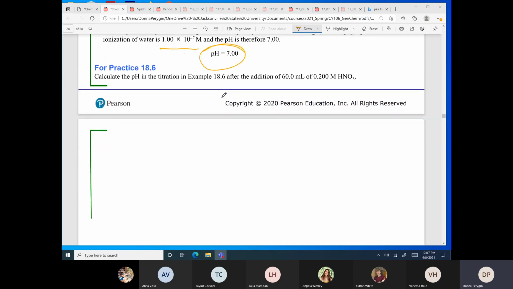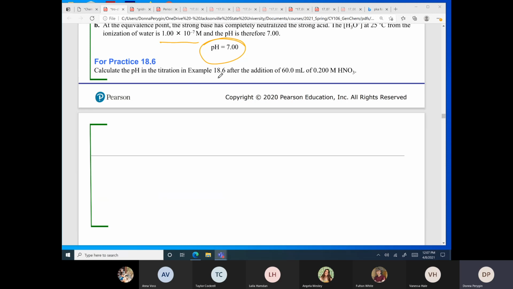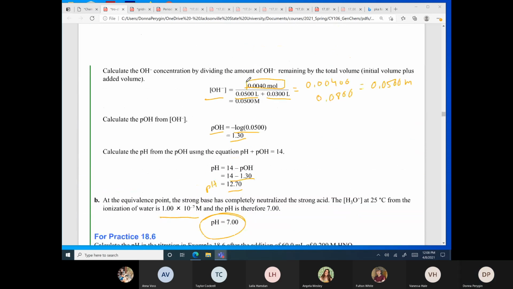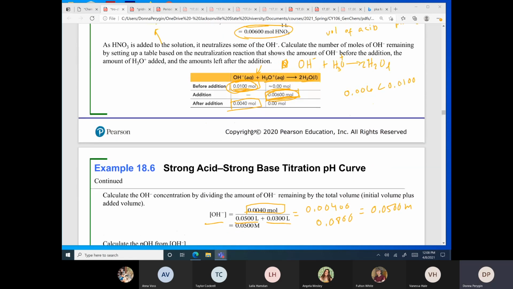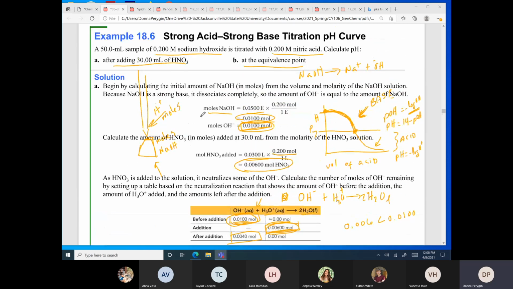Okay, so I'm going to move on to calculate the pH in a titration in example 18.6 after the addition of 60 milliliters of the nitric acid. We're going to start with the same amount that we had of the original solution, so a 50 milliliter sample of 0.2 molar sodium hydroxide.